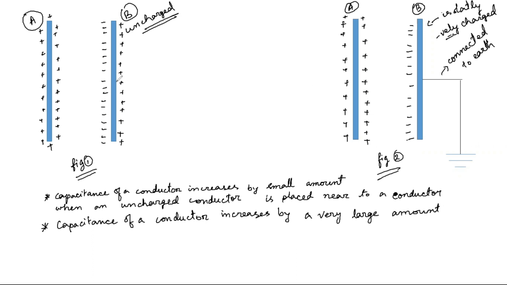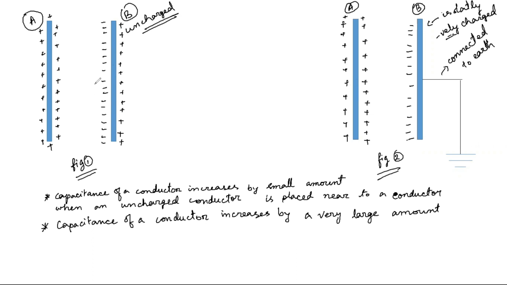You see, in both the cases, in figure 1 and figure 2, the capacitance of the conductor increases, but in figure 1, that capacitance value increases by a very small amount, because you are having both the induced charges, positive and negative. Always remember, negative charge decreases the potential, and positive charge increases the potential.